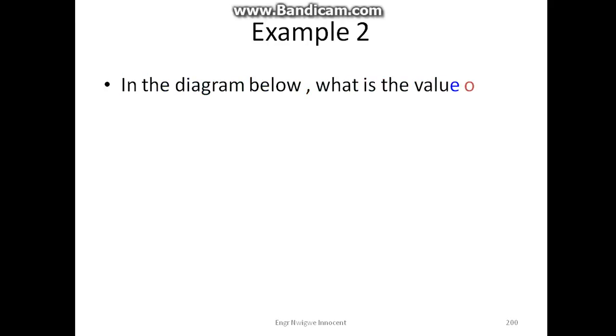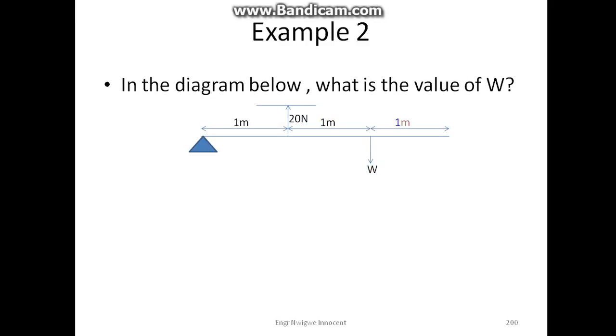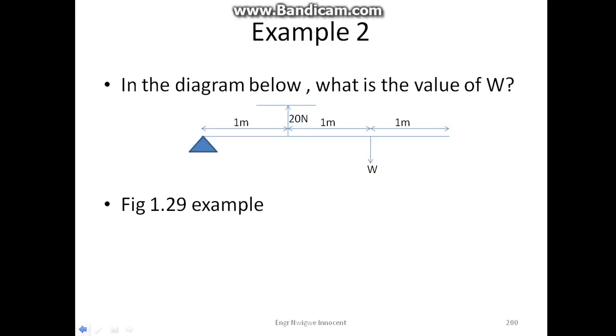Example 2. In the diagram below, what is the value of W? Figure 129 shows a metal rule hung 1 meter from the fulcrum. The tension on the metal rule is 20 Newton.